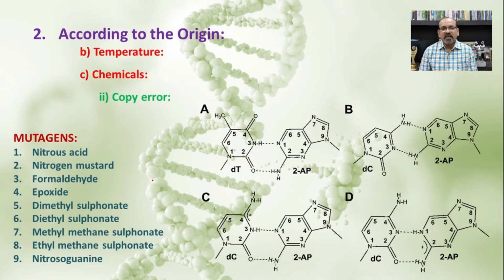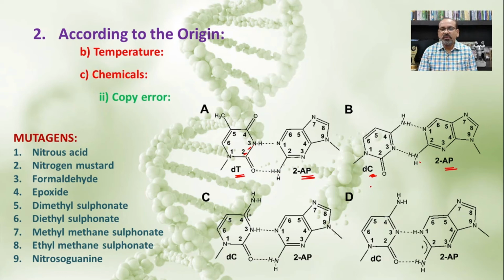These are again some examples, that is the aminopurines, which form 2 hydrogen bonds with the thymine at different locations, that is the second carbon atom and the third carbon atom, while in another case with the cytosine, it will form two hydrogen bonds with the aminopurine.